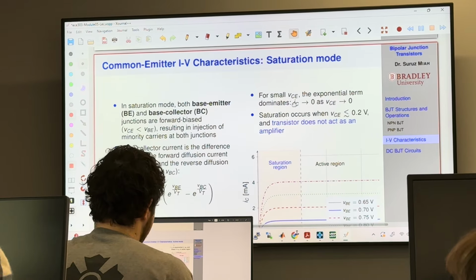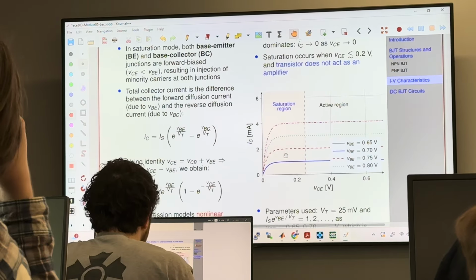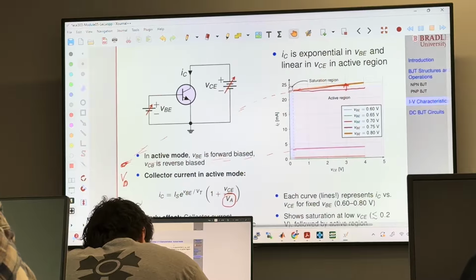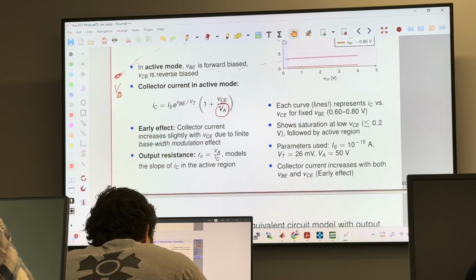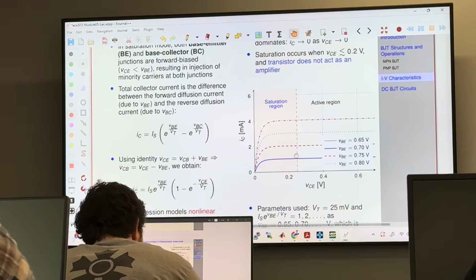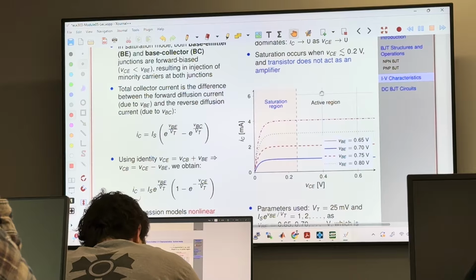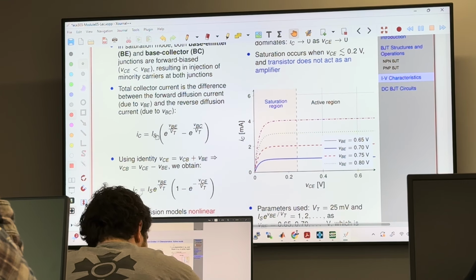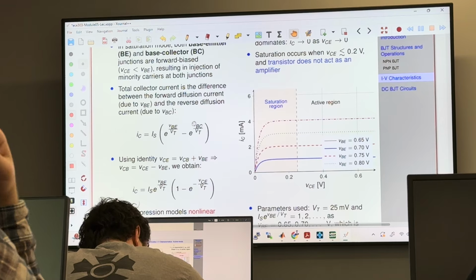So, in saturation mode, I actually zoomed in on this part. And I drew the plot again right here. So that's how you see the saturation region. So this is the active region, this is the saturation region. In saturation region, your collector current is going to be reducing by this much.